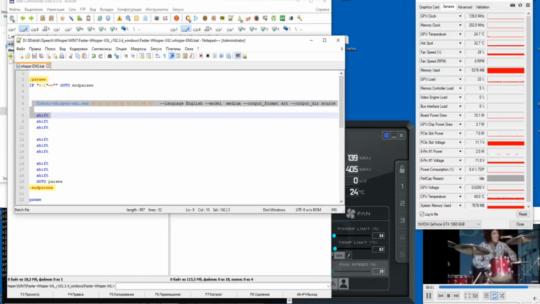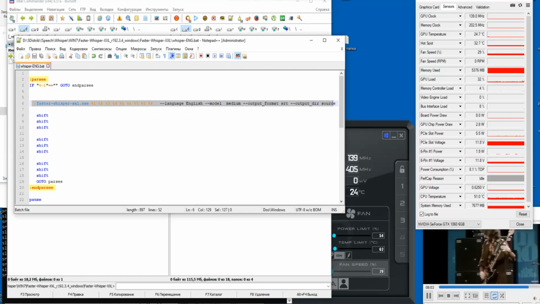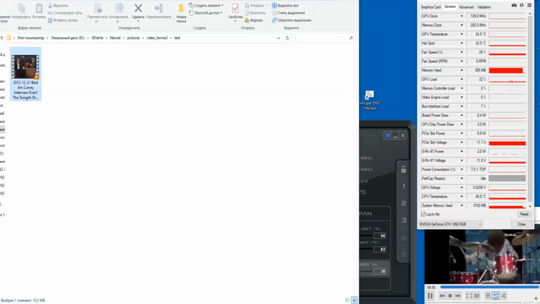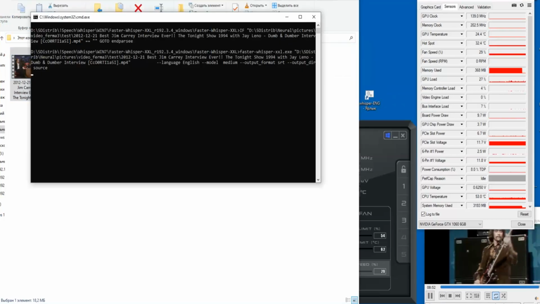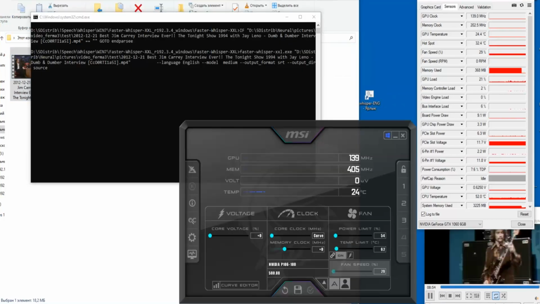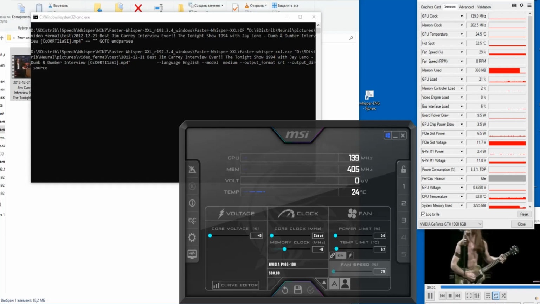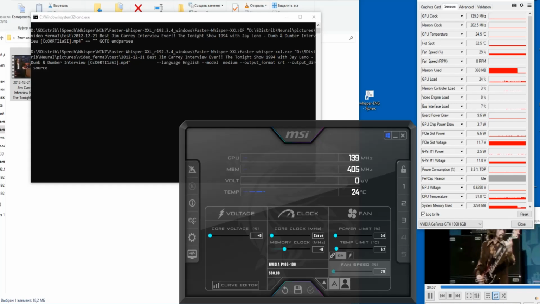Let's test speech recognition speed. We use Faster Whisper XXL. This version of Whisper is a build made especially for Windows. For launch, a bat file is used, and I moved the required sound file or video file to the bat file. The recognition has begun. Let's look at the speed.